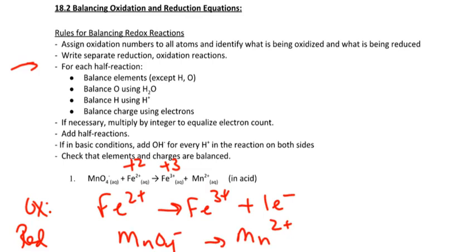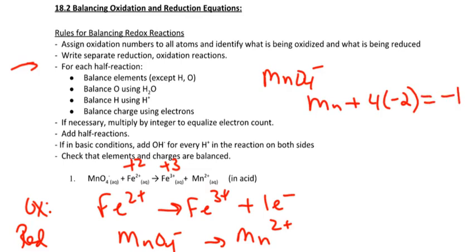Well, I didn't assign it an oxidation number, so let me go up here. Manganese, as you know, is a transition metal. It's not an always, is it? So how do I figure out the oxidation number of manganese here? I'm going to use that equation. So 1 manganese plus 4 times -2, that will always be the oxidation number of oxygen in a compound unless it's a peroxide, is equal to its charge.